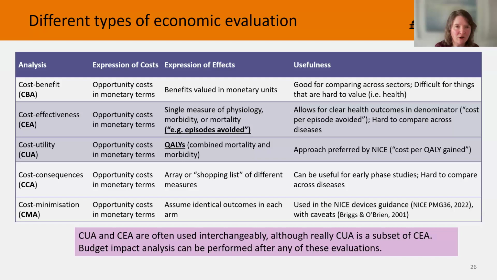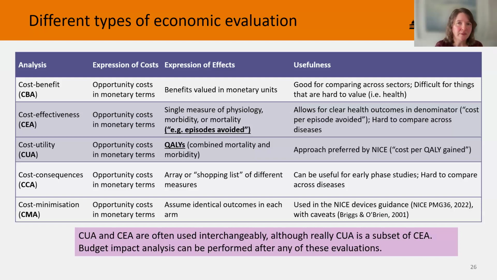It's really hard to put a monetary value on something to do with health. So we basically don't do that. So cost effectiveness is the next type of analysis, and that just keeps the effects in natural units. So episodes avoided, heart attacks avoided, whatever the clinical outcome is.